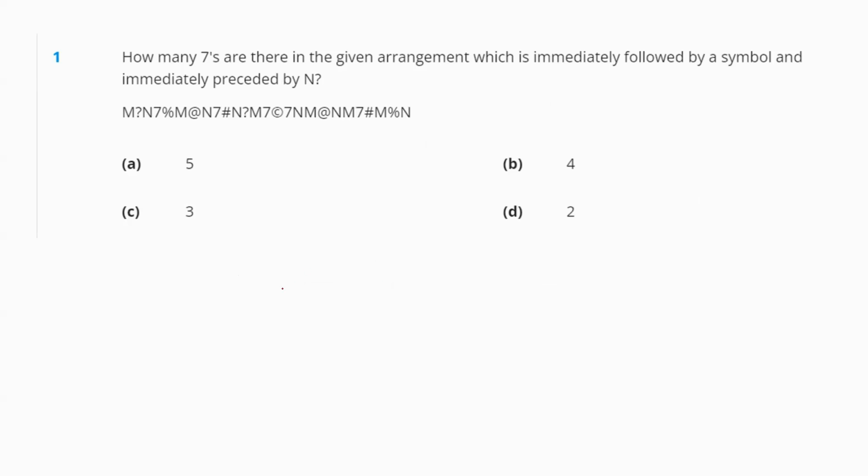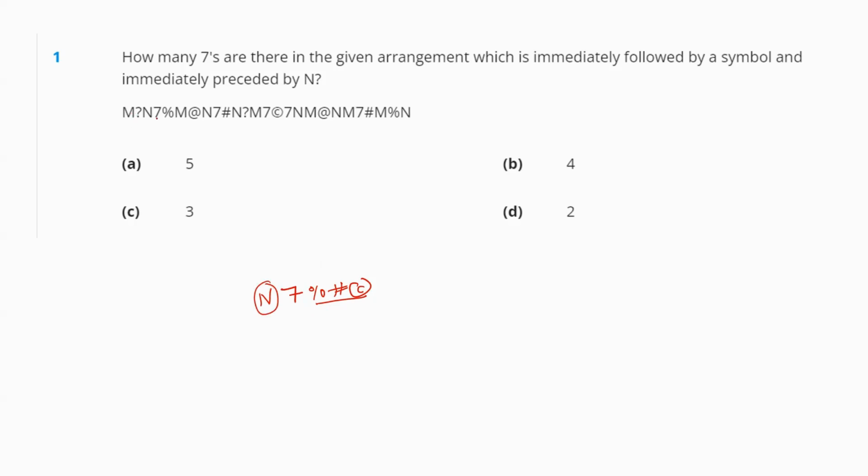So, we want 7 that are immediately followed by a symbol. So, symbol this or symbol this, whatever symbols are there should be here, and immediately followed by a symbol and preceded by n.